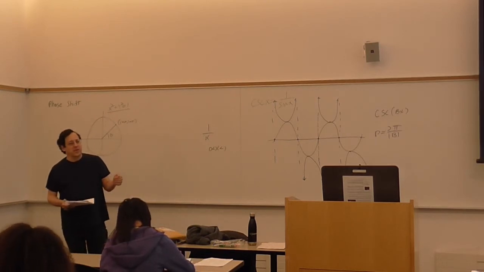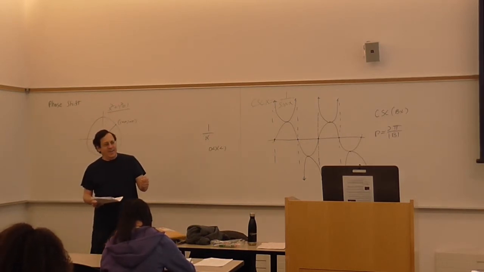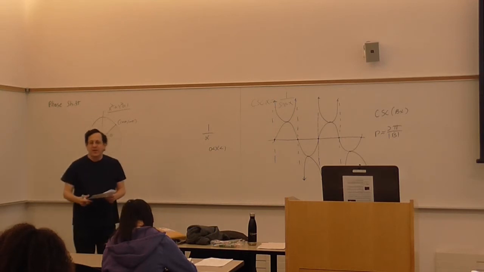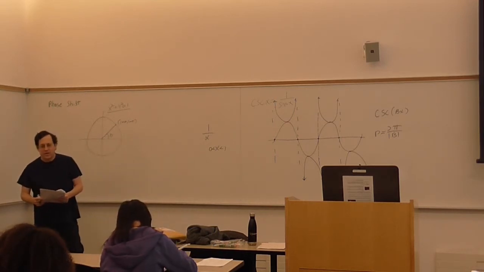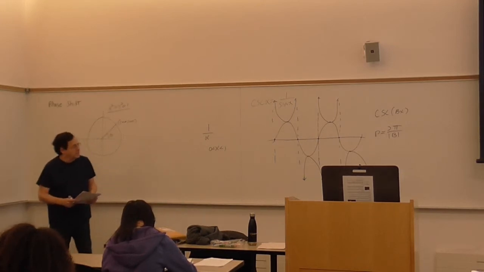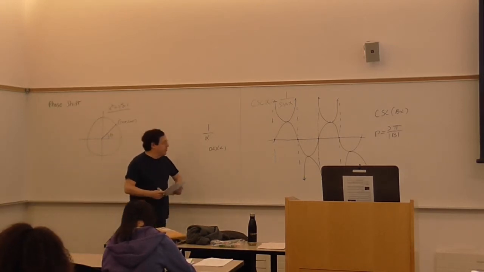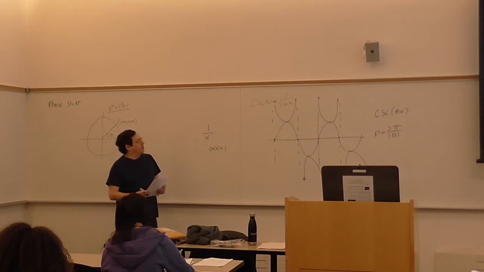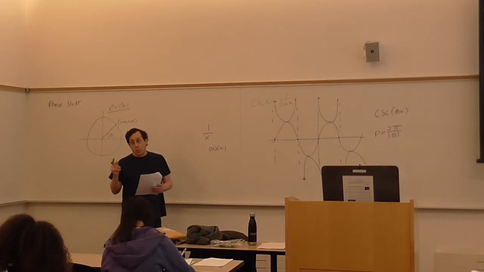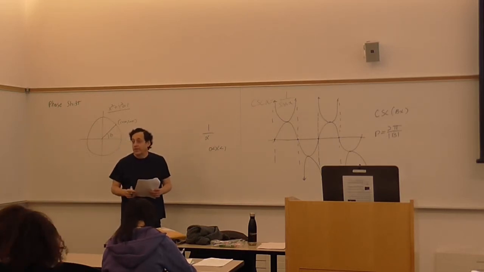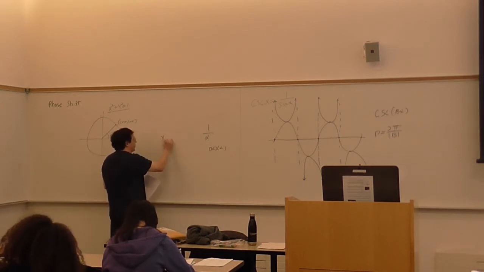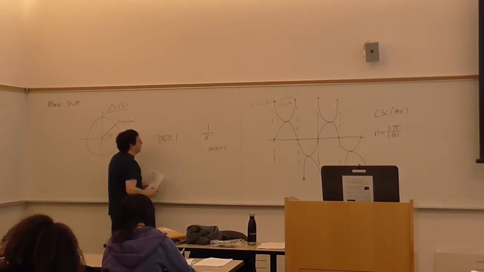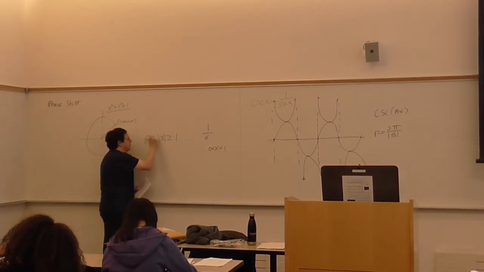Maybe all real numbers, except for the negative ones. Yes, all real numbers except, well, 1 and negative 1 are in the range. You could write that as absolute value of x greater than or equal to 1. That's its range.